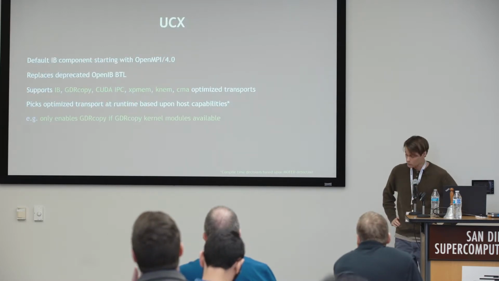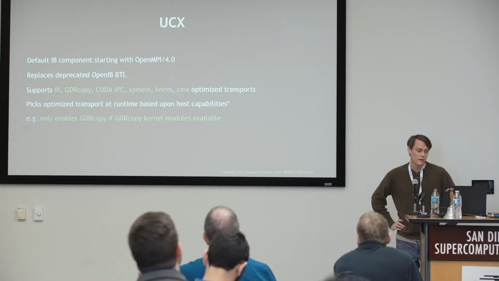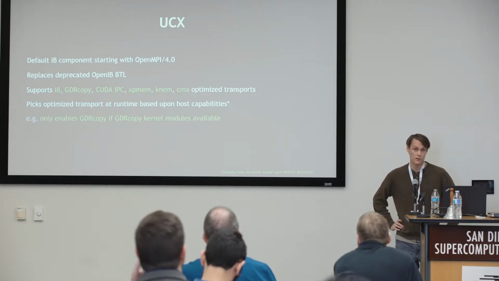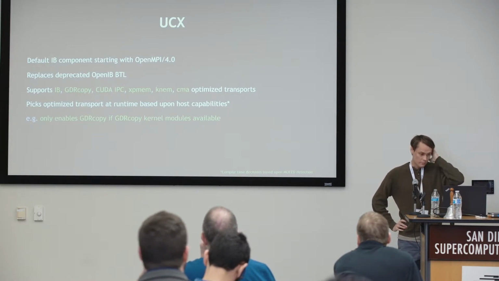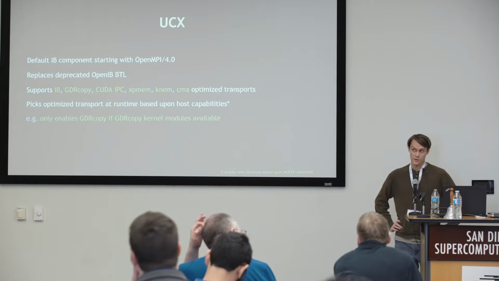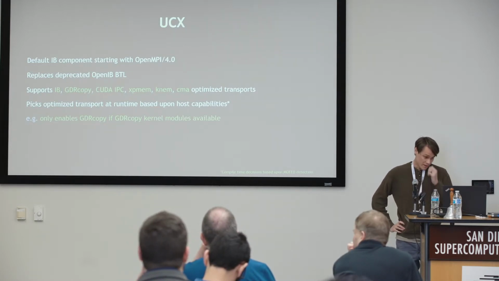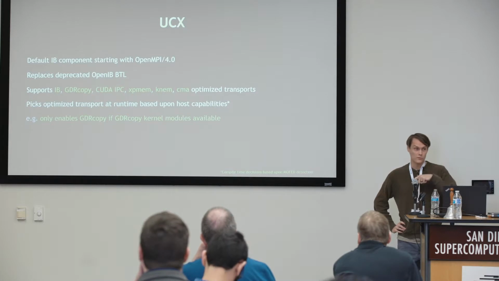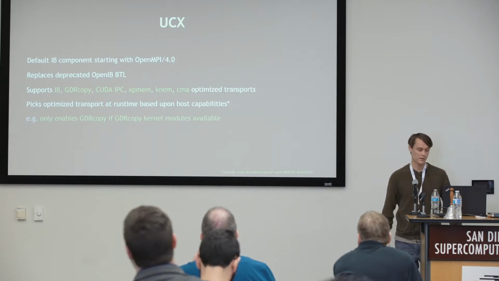So for InfiniBand support, OpenMPI makes use of UCX, which is a library maintained by Mellanox or NVIDIA primarily right now. It's the default in OpenMPI 4 and replaces the OpenIB component, which I think is a good thing.